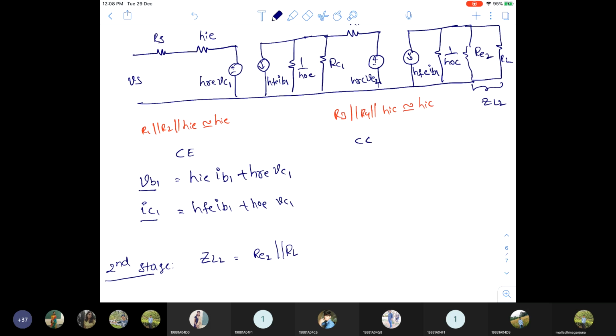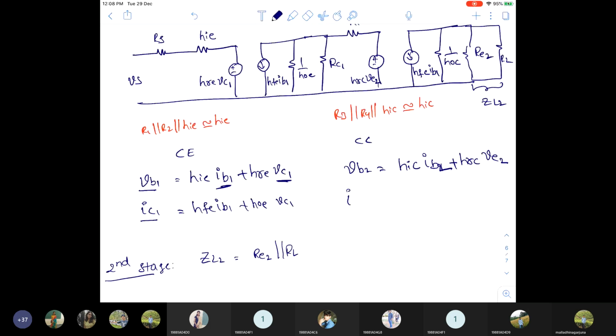Now coming to the CC configuration, what is the input voltage for CC? The input terminal is also the base terminal for CC. So VB2 equal to HIC times the input current, which is base current IB2, plus HRC times the output voltage. What is the output voltage? The output terminal for common collector is the emitter, so VE2.